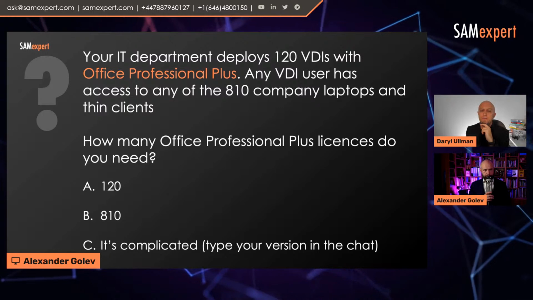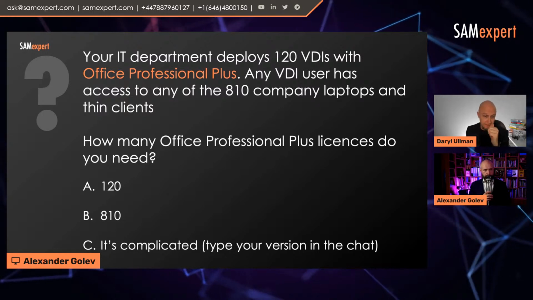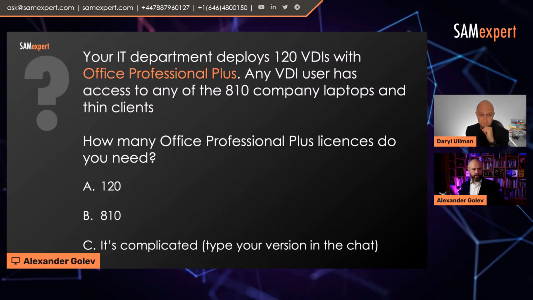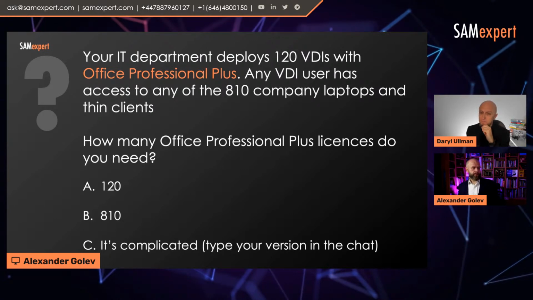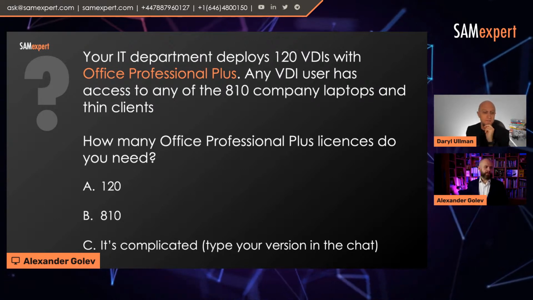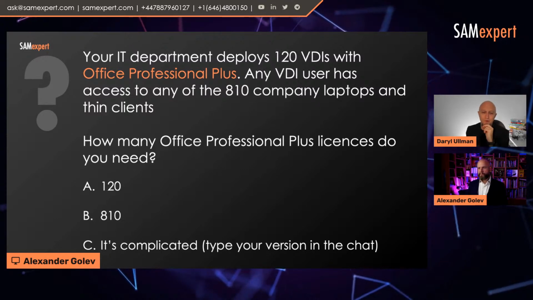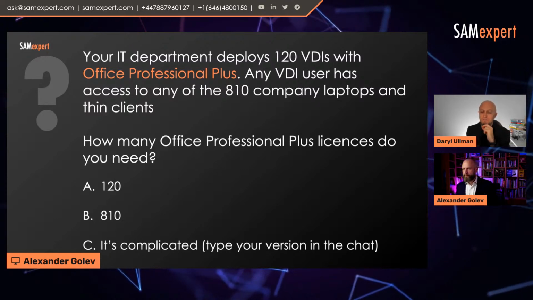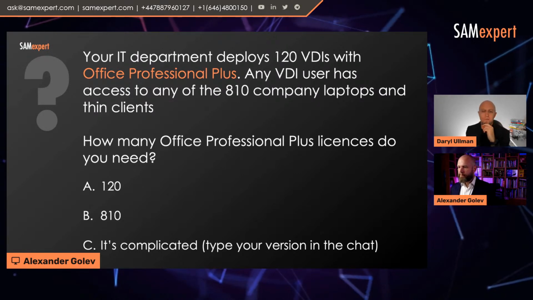How many Office Professional Plus licenses do you actually need? A, 120. B, 810. C, it's complicated. Type your version in the chat. Meaning, if you think that is another answer, share it with us.